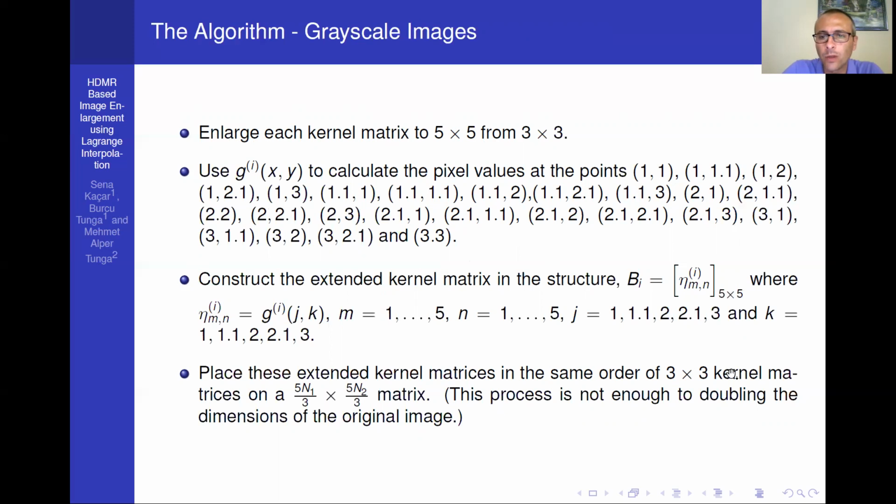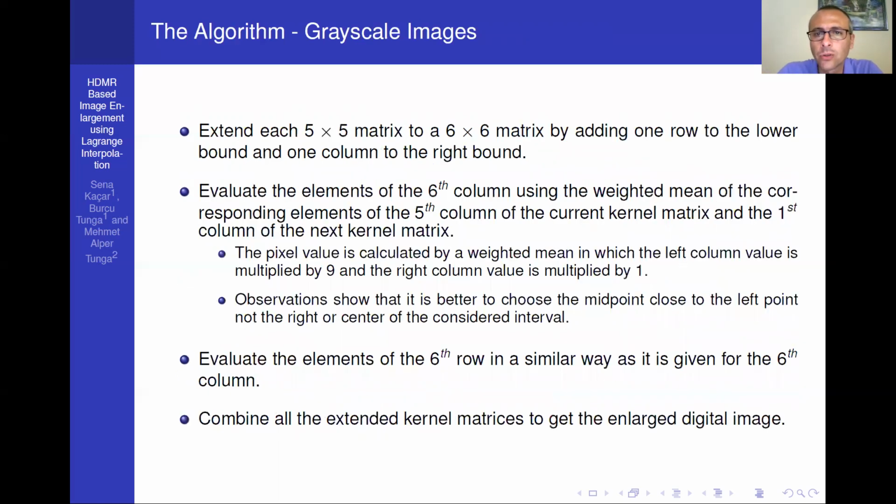But we know that we still don't have a 6 by 6 image. So up to now, we couldn't double the dimension of the original image. In order to double the image, we extend each 5 by 5 matrix to a 6 by 6 matrix by adding one row to the lower bound and one column to the right bound.